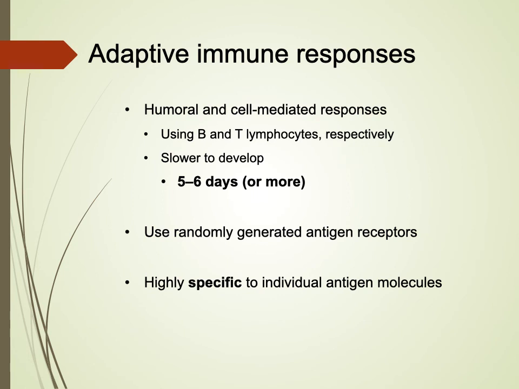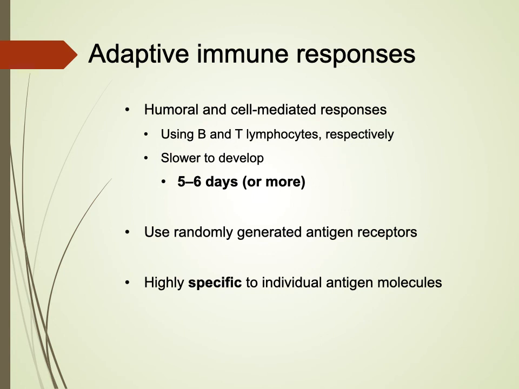So with adaptive immune response, with these lymphocytes, we actually have to select for them, and so it's slower to develop. And so it takes 5 to 6 days in order for B cells and T cells to get selected for, and for their receptor to be generated. So as mentioned, these receptors are going to be randomly generated.